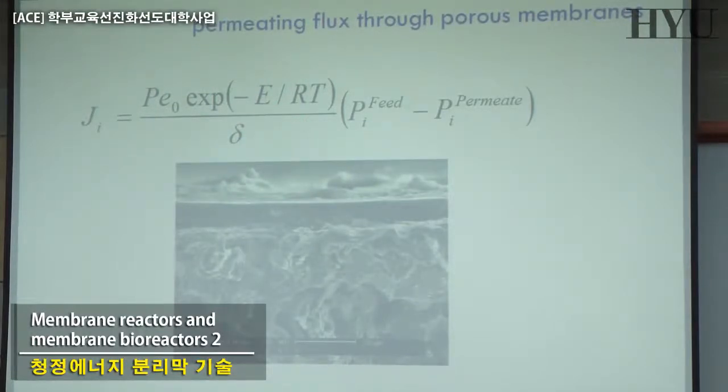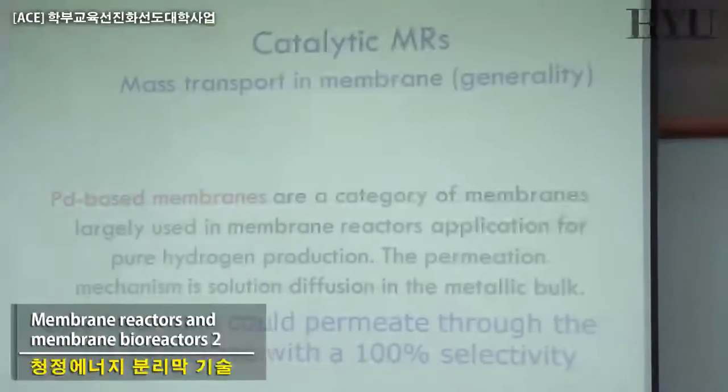It means a statistical Boltzmann behavior in the system, and depending on the temperature, we can just change. And this is the exponential of the activation energy over R, which is the universal constant of gases, times the absolute temperature. So that is the typical expression, and this is, by the way, the morphology of most of the membranes that we are using.